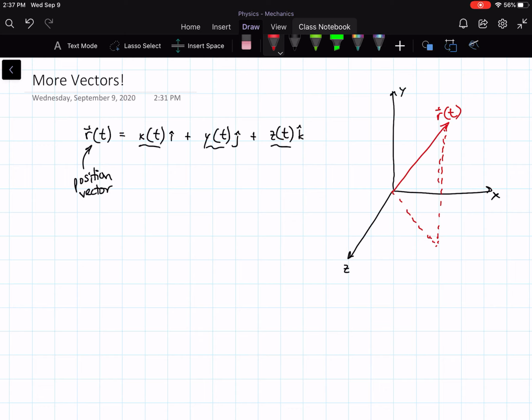If some object is moving around, this would represent the position of that object at a particular time. And so the x, y, and z parts of this vector, okay, would be, for instance, let me grab another color. The x portion would be dotted like that, and y, and z, right?